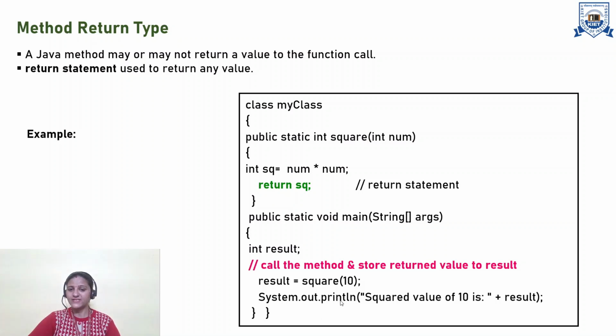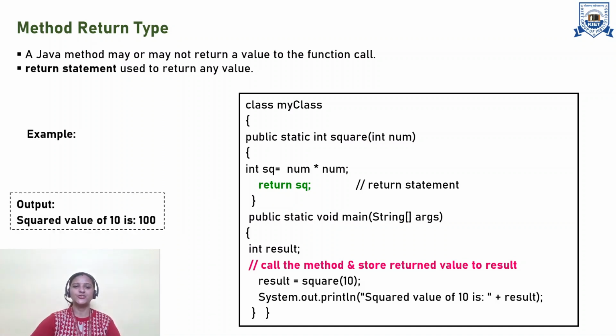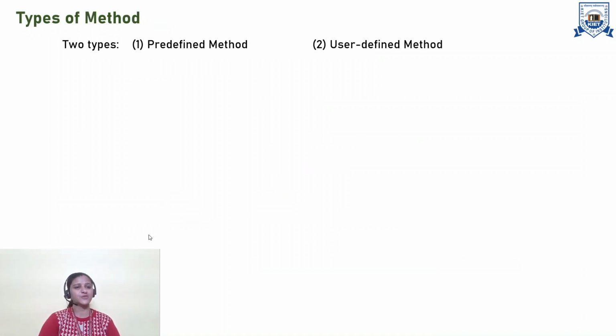Then it will display the value returned from the method with this message. It will display the message first: Squared value of 10 is plus result. The result contains the return value. And the output will be here. As we passed 10, 10 multiplied by 10 is 100. 100 is returned to where it was called, and it was assigned into result, and result will print the value 100.